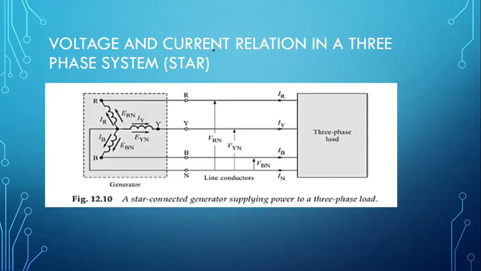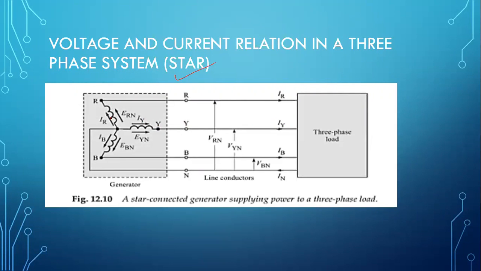Now suppose voltage and current relationship in a star connection. It is very important that you understand this. If this is your generator, it will be sending the current. Let's suppose IY current is passing through this phase and it is passing through the line also, so the same current will follow here.